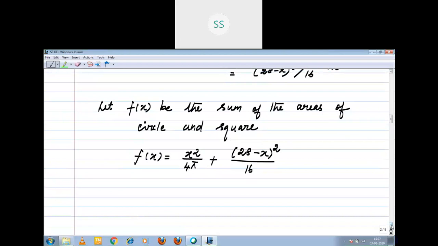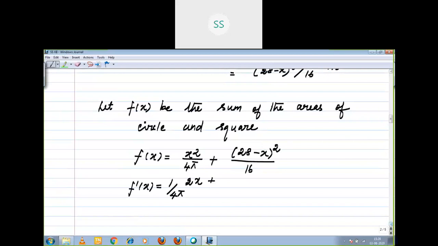Now, you are going to differentiate. First step, what do you want to do? You have to recall. You want to differentiate. That is f dash of x equals, when you differentiate this, 1 by 4 pi is a constant. Let it be as such. When you differentiate x square, what will you get? 2x.